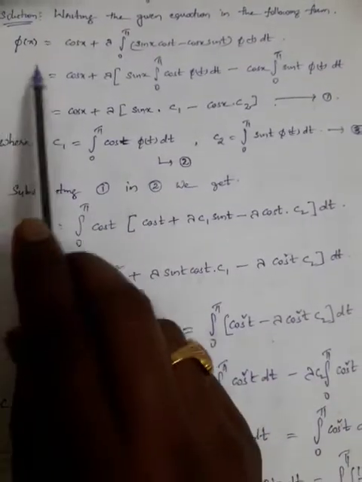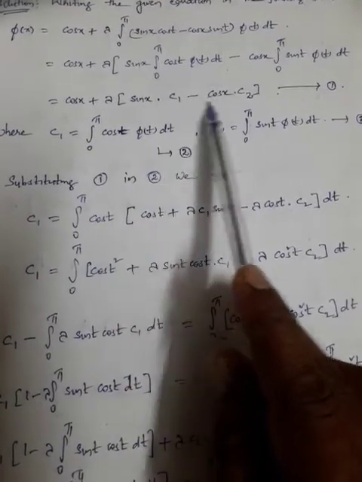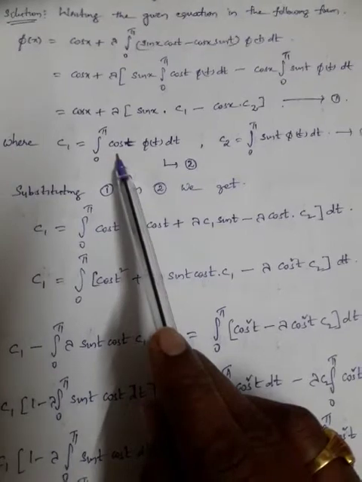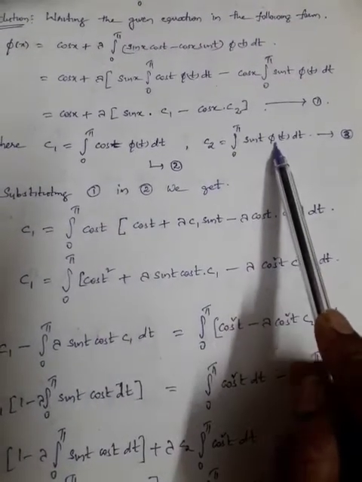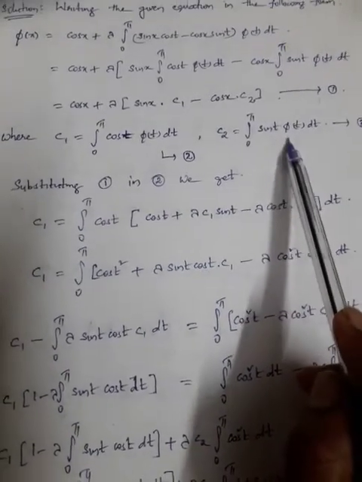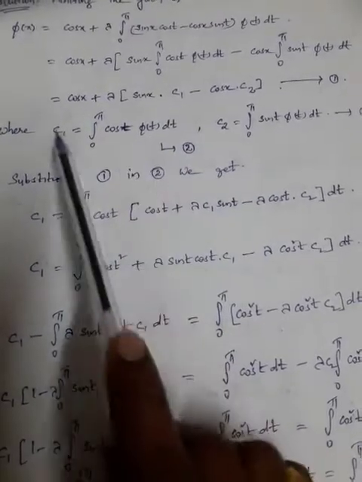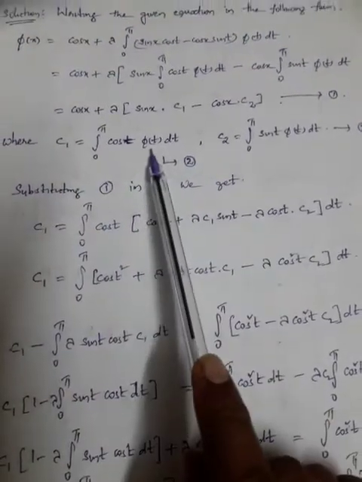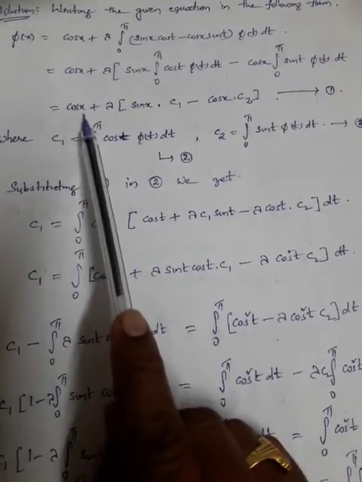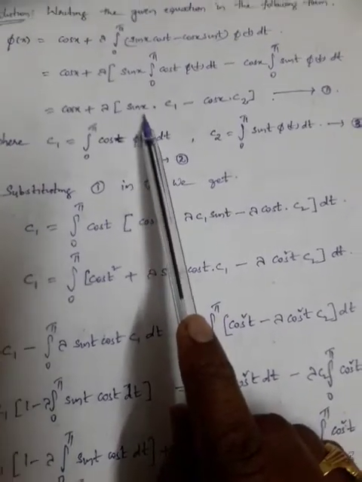Now we'll substitute phi of x as cos x plus lambda sin x c1 minus lambda cos x c2 in equation 2 as well as equation 3, to get the values of c1 and c2. Substituting equation 1, first we substitute that phi of x in place of phi of t, meaning x terms will become t.